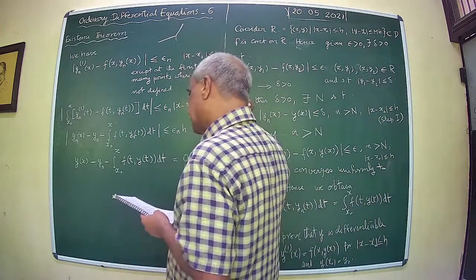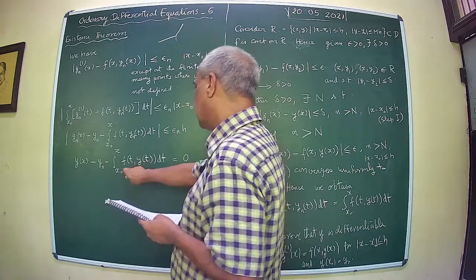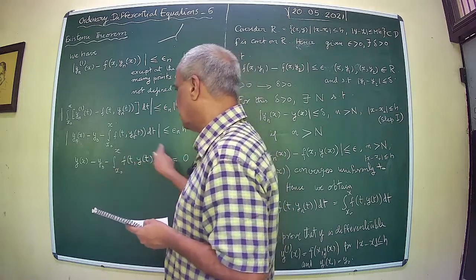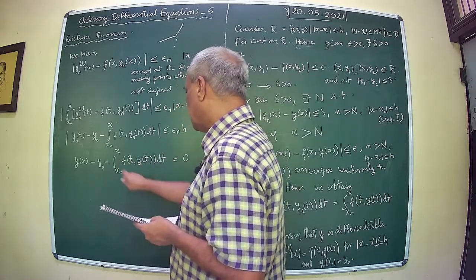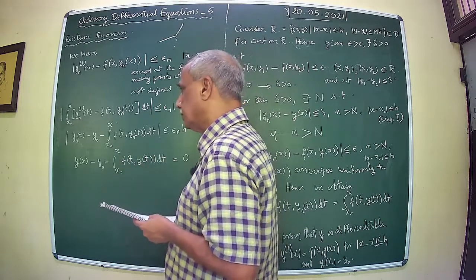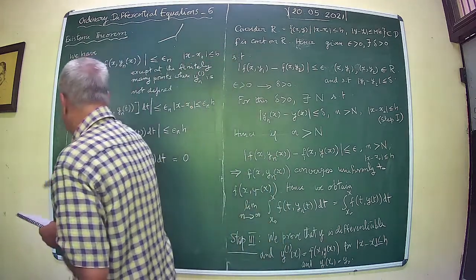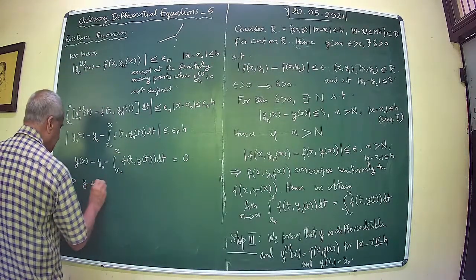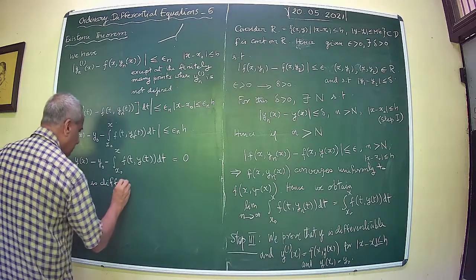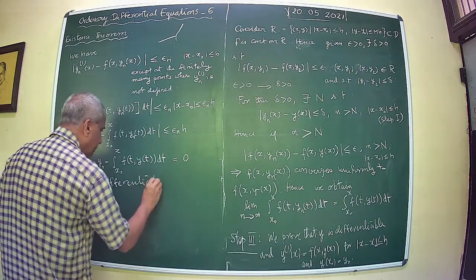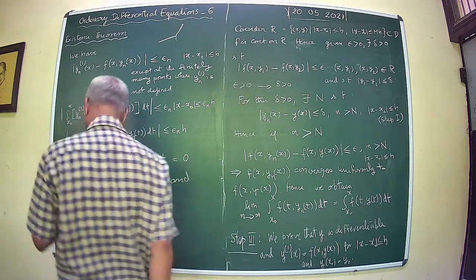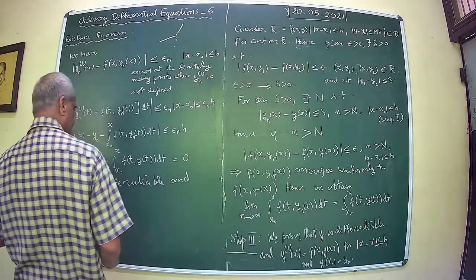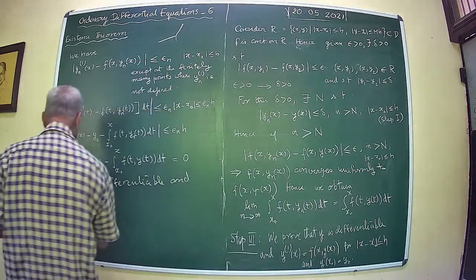What does this mean? See, f is continuous and y is also a continuous function, and therefore you see that this is a continuous function and which is differentiable with a derivative which is continuous, therefore y is differentiable. This implies y is differentiable and satisfies the equation.